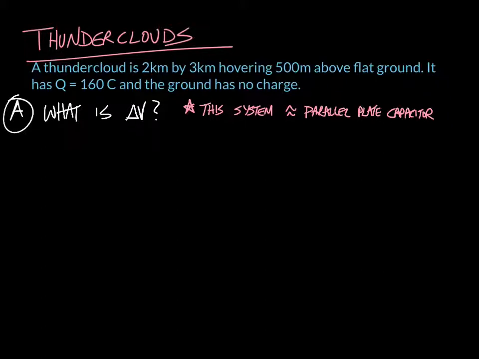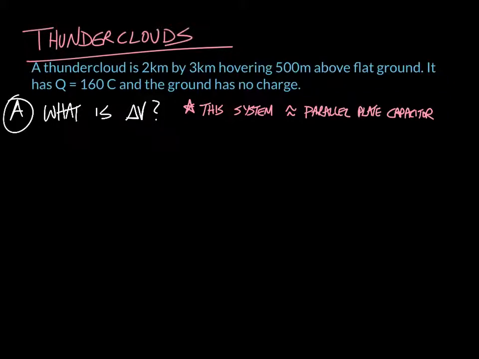Normally, a capacitor, one plate's plus and one plate's minus. But now the cloud plate is plus and the ground plate is nothing. So if we're going to apply that model, which is the closest fit, we're going to have to think it through.